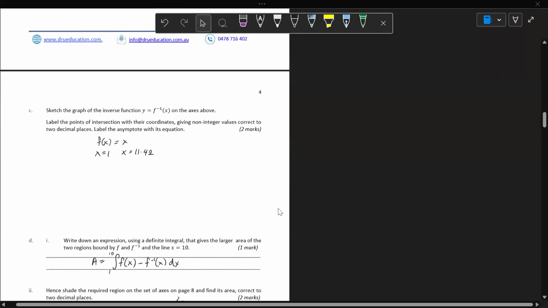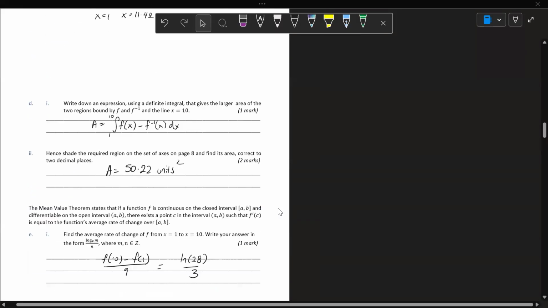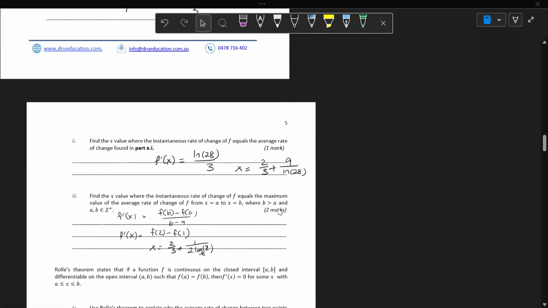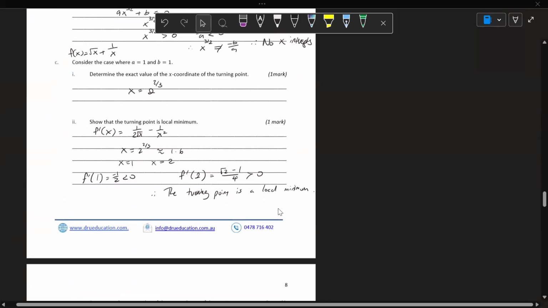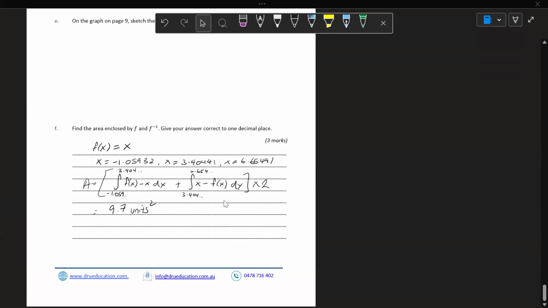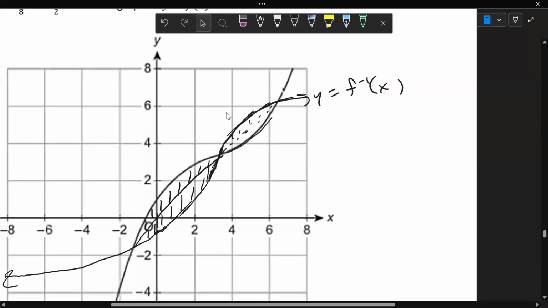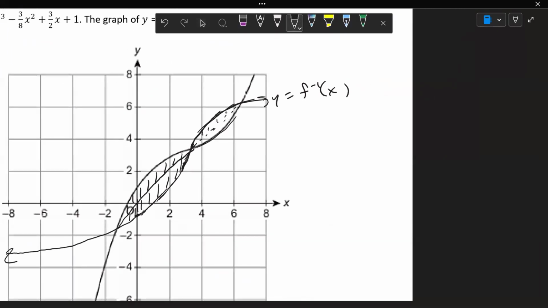Why did you do x minus f of x and not f of x minus x? So you mean this part, right? Because if you look at this graph, this is a different color.